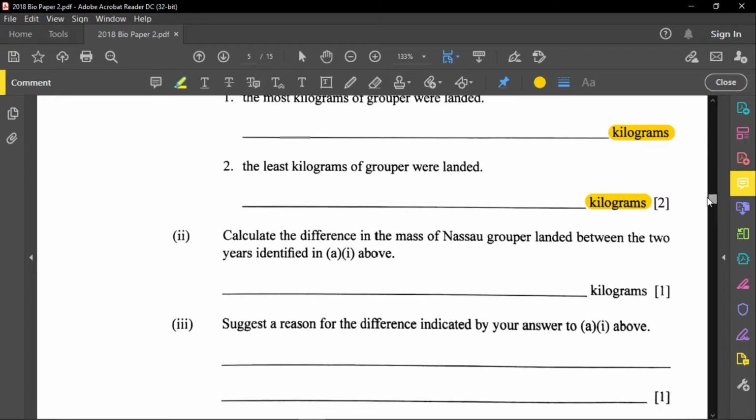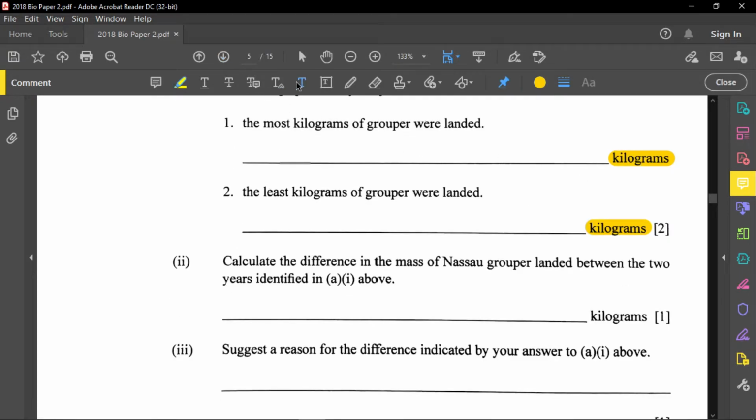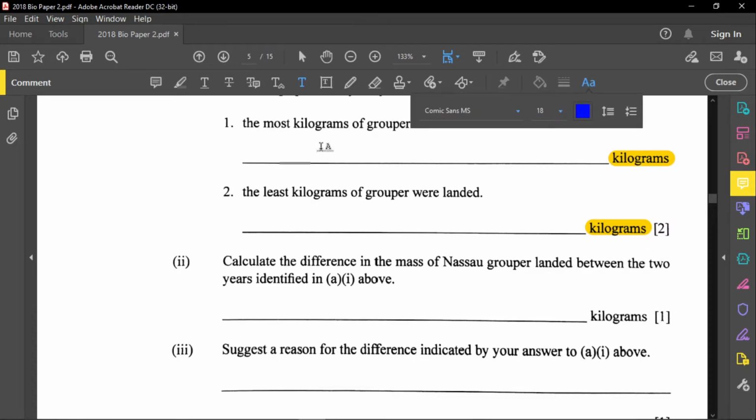Right here, the most, again, as we look at the graph, that was 1998. Let's put our 1998 as our most, and here for the least is 2005. Now it asks us here to calculate the difference in the mass of Nassau grouper landed between the 2 years identified in A1 above.